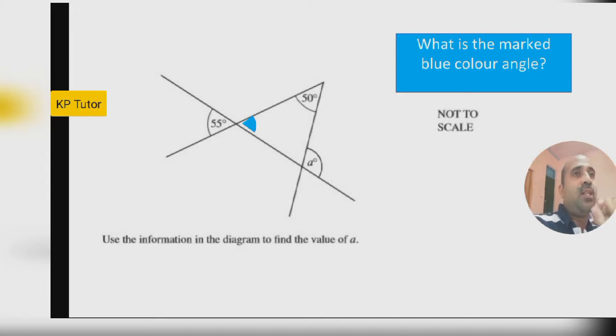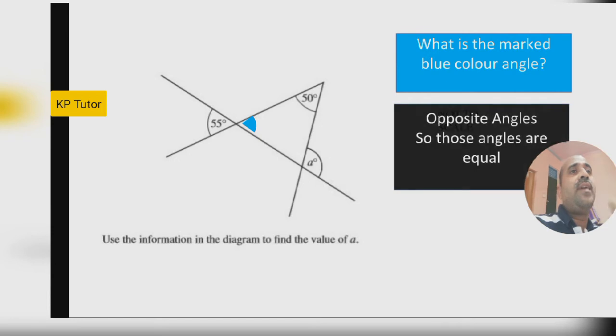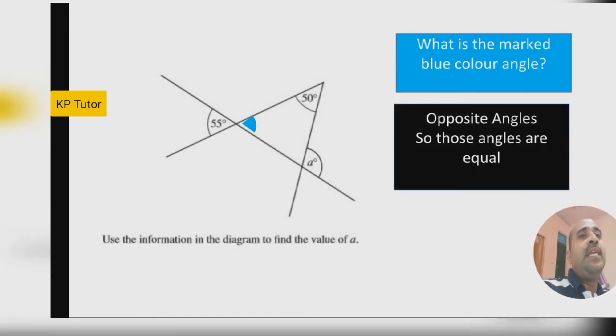The blue marked angle. There are two lines. When the lines are intersecting, they make opposite angles. Opposite angles are always equal.